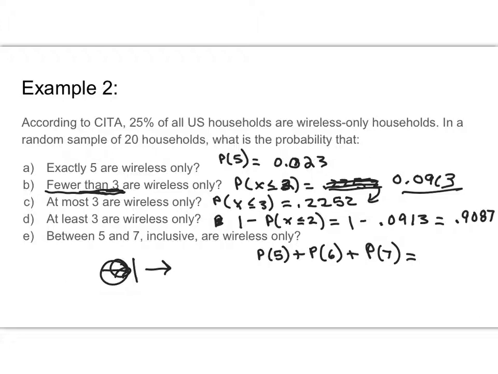So if I look in my table, this is 0.203. The probability of 6 is 0.1686, oops, forgot my 1686.